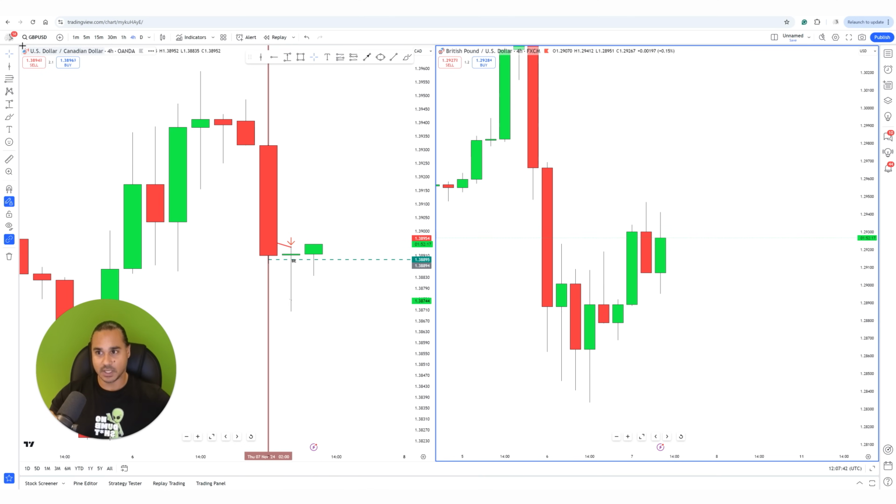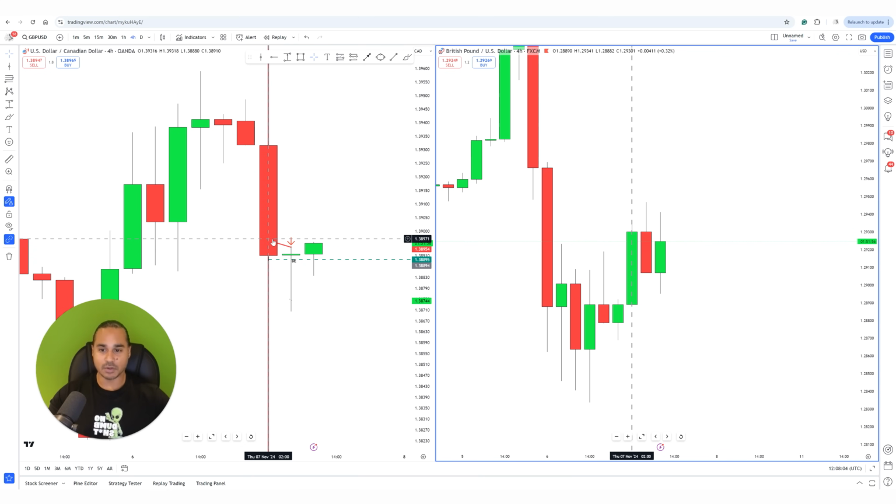Okay. So here you can see USD CAD is going bearish. Because we have CAD on the right, that technically means CAD is strong. Or if we look at the left, because you have USD on the left and it's not going up, which would indicate USD strong, this indicates USD weakness.